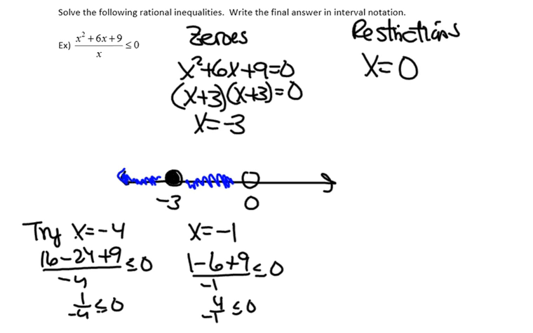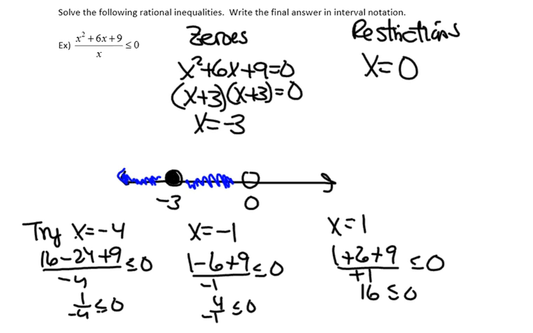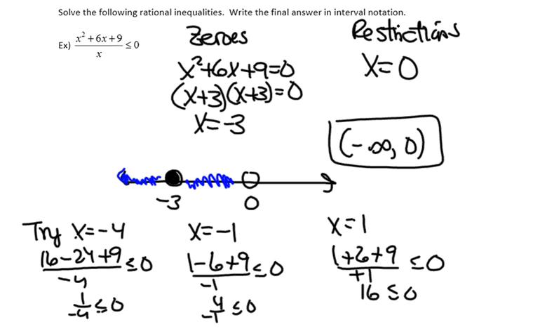All right, so now let's try x equal to +1. So 16 is less than or equal to 0. That is not a true statement. So the solution for this is actually one interval. It's from -infinity to 0.